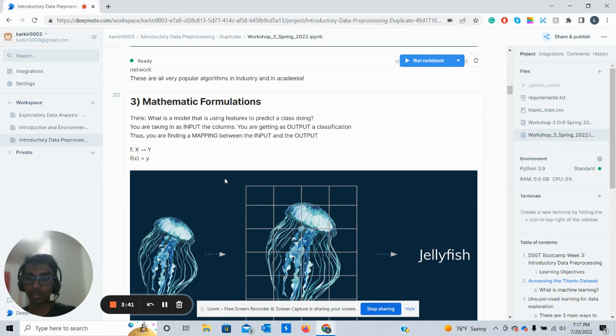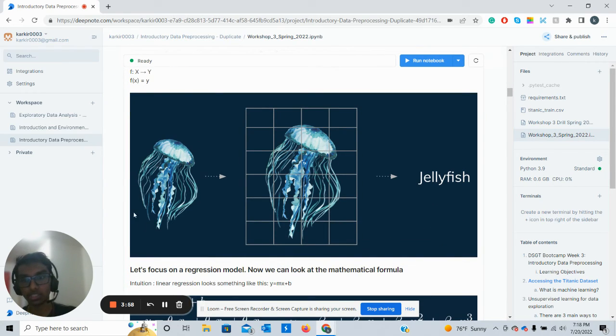If we have input and some expected output, machine learning mathematically can be thought about as finding that function that maps your input to an output. That is, find that function f such that you can take in an input x and give output y. This is a good example: you have this image, we apply a function to it and then get a label, in this case, a jellyfish.